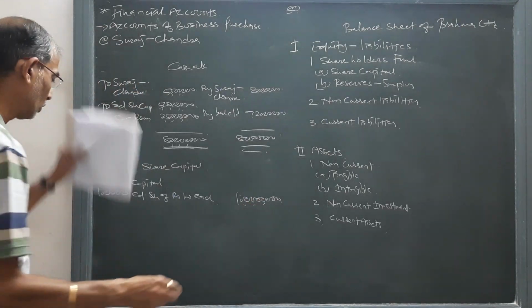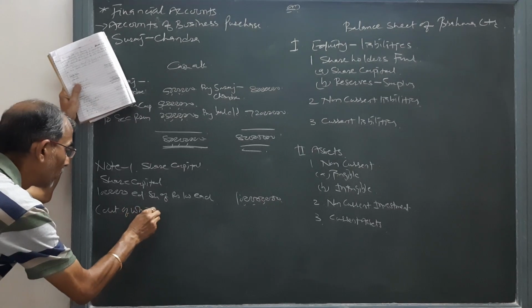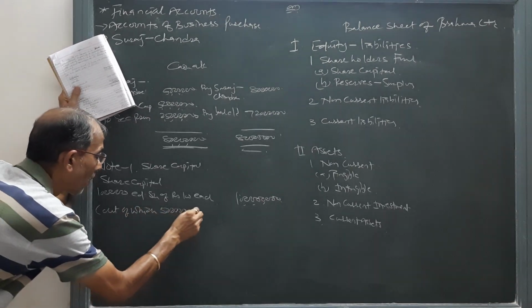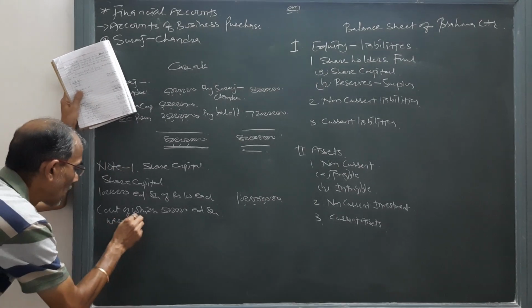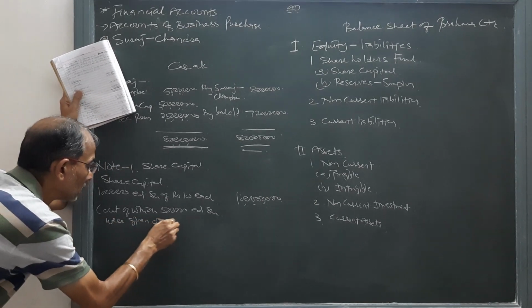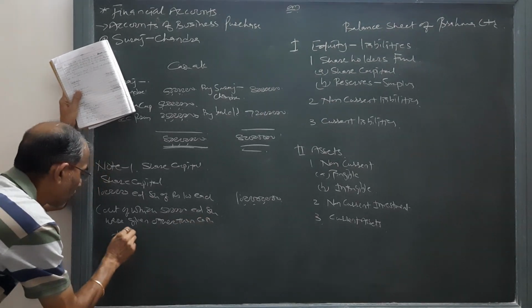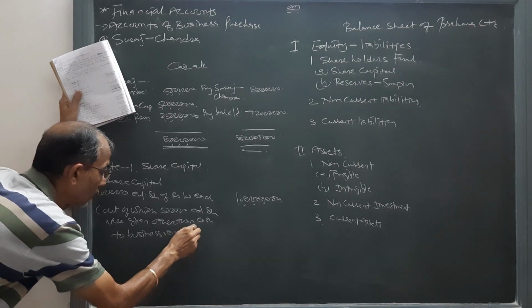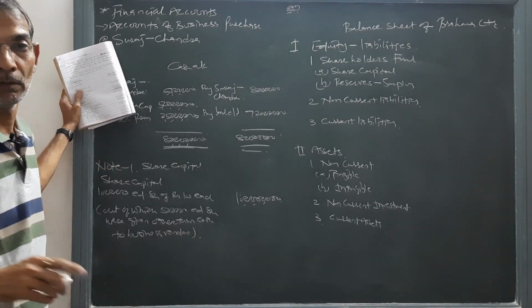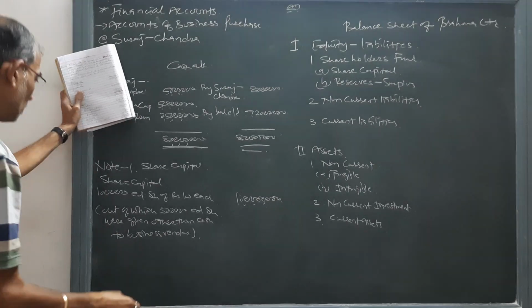Total 10 crore, out of which 5 lakh equity shares were given other than cash to business vendor, that means Suraj and Chandra.